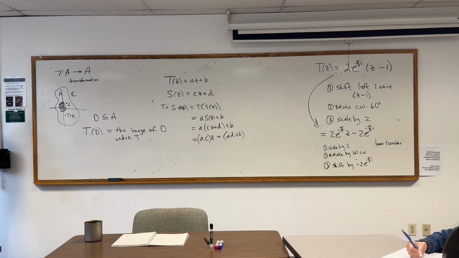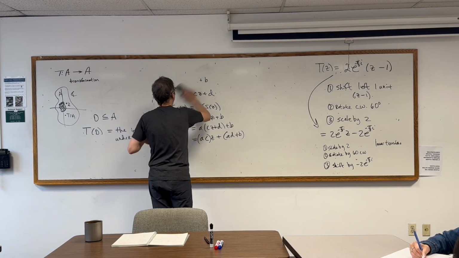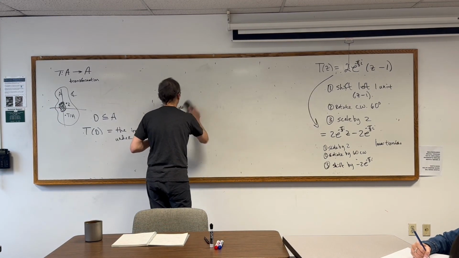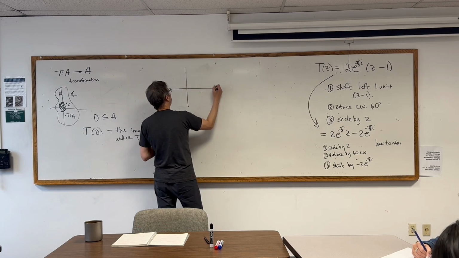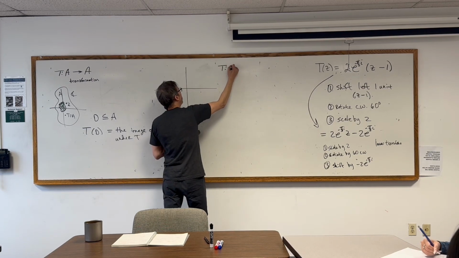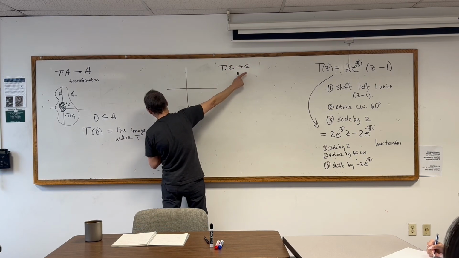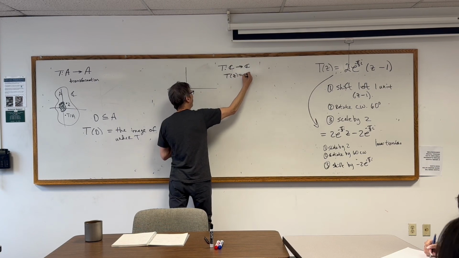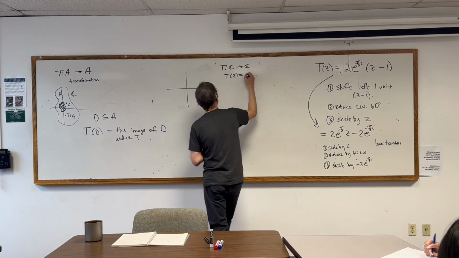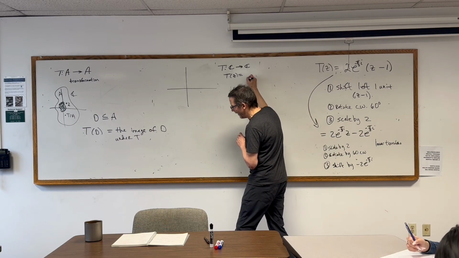Let's do a practice run. Let's find an image of something. We've done this a couple of times, but I've got one in mind. Let's say that T takes complex numbers and turns them back into complex numbers. And in fact, T of z is going to be exactly, what was the one I had in mind?